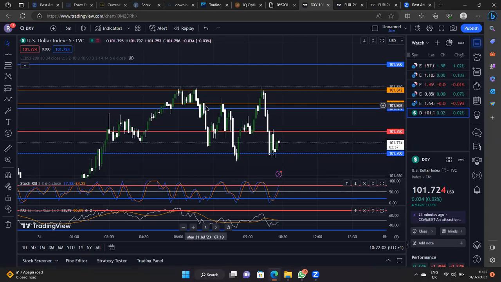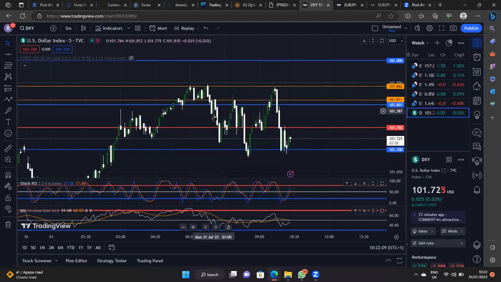Now, look at this setup here. I can spot that this is a double top, yes, a double top here, 1, 2, or a head and shoulders reversal pattern.